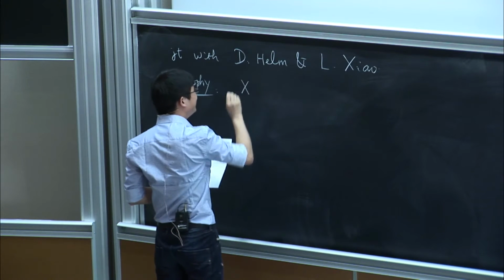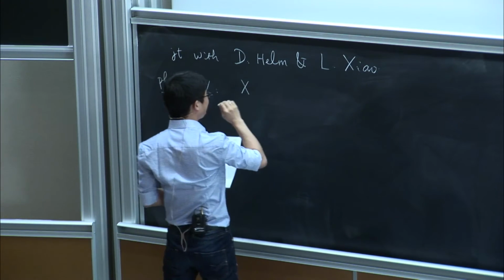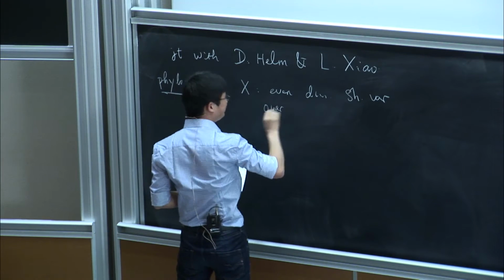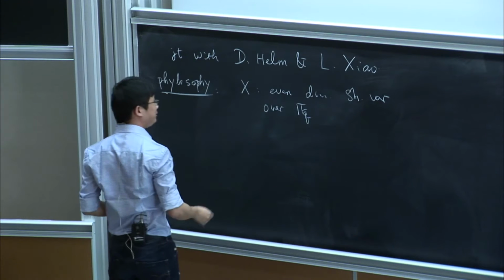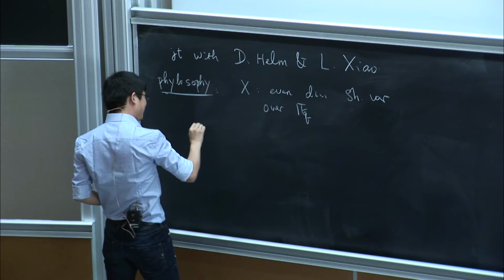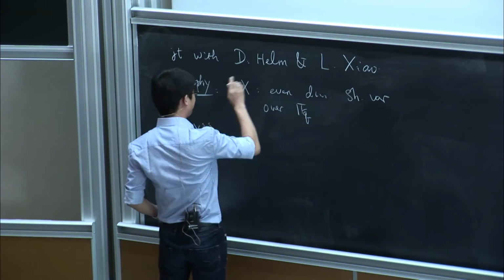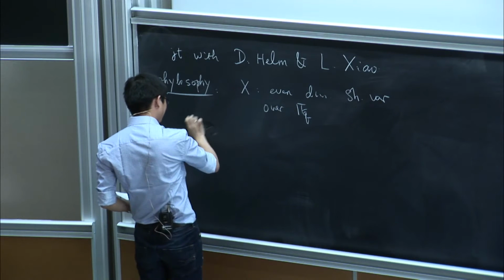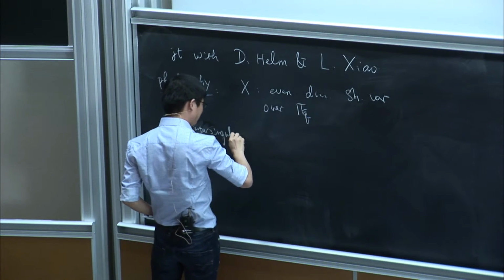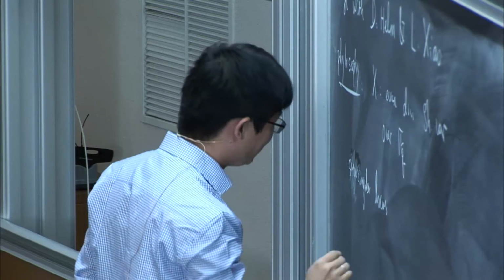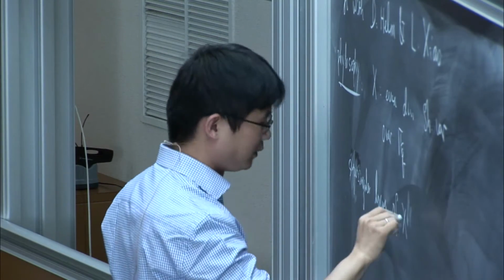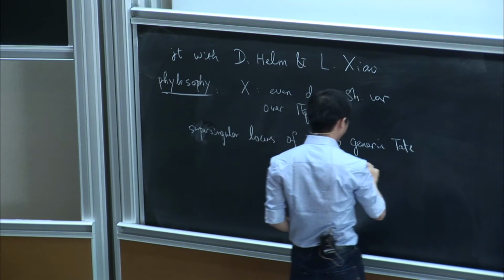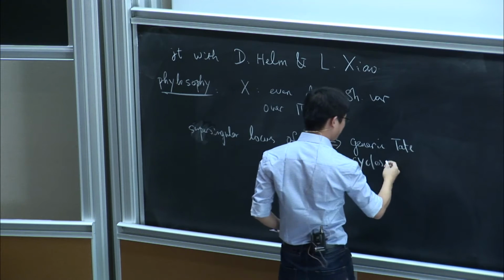That, if you have an even dimensional Shimura variety X over a finite field, say F_q, then the philosophy is that on this Shimura variety we expect that the supersingular locus, or more generally, the basic locus of X, contributes to some obvious generic Tate cycles in mid dimension.